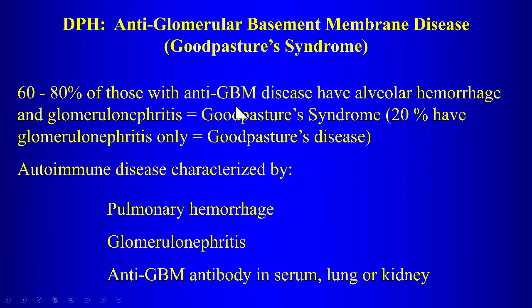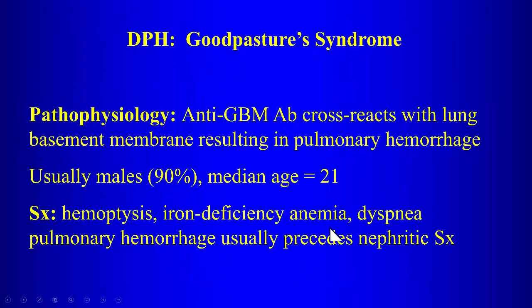So antiglomerular basement membrane disease. So that antibody reacts not only with the kidneys, but also against the basement membrane, and that can lead to pulmonary hemorrhage. So pulmonary hemorrhage, glomerulonephritis, and antiglomerular basement membrane antibodies, okay? So they cross-react with the lung basement membrane, and that results in the hemorrhage within the lung.